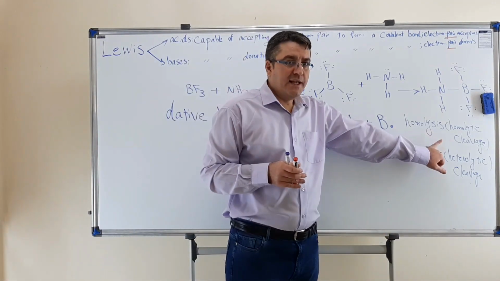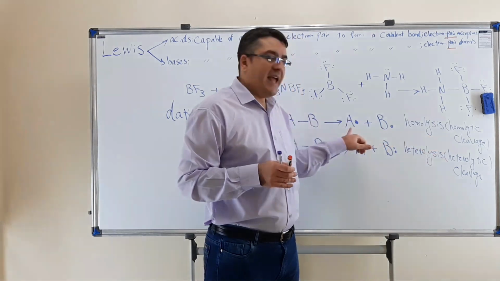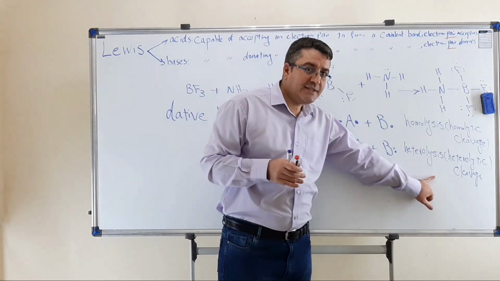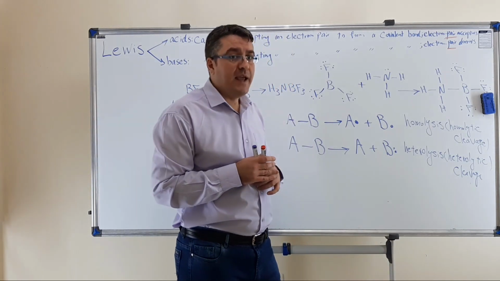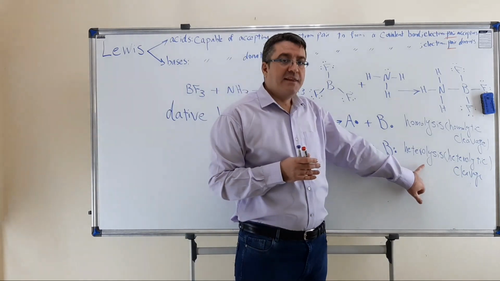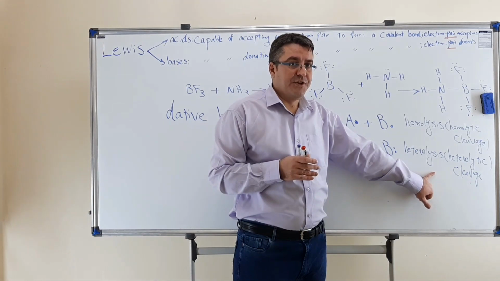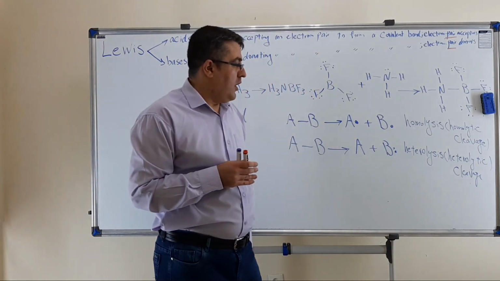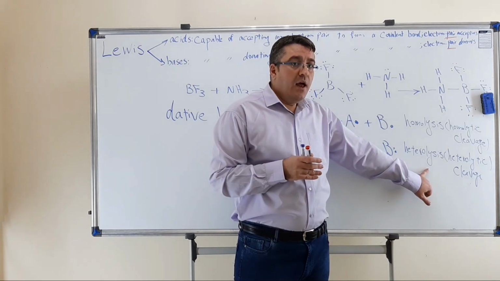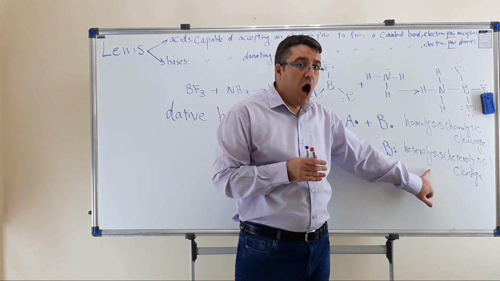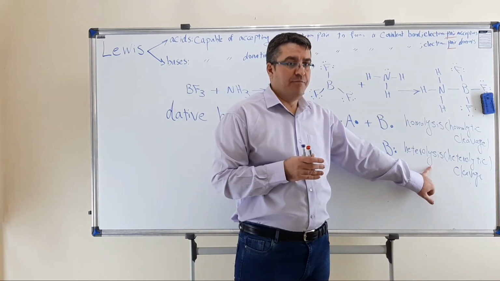Usually, homolysis requires less energy than heterolysis to break a covalent bond. But in some cases, heterolysis requires less energy. Those cases for coordination bonds are considered as dative bonds.